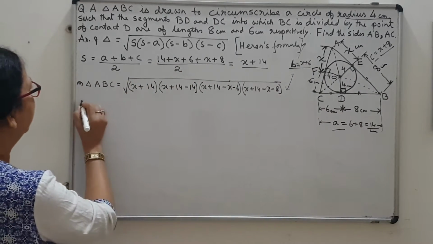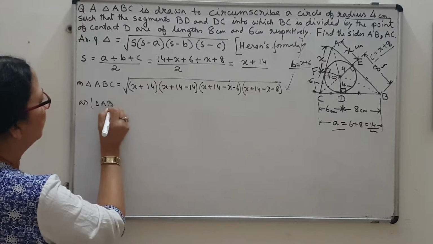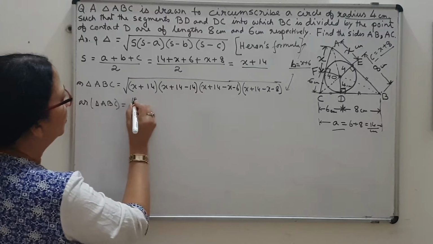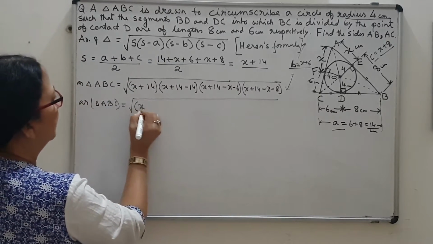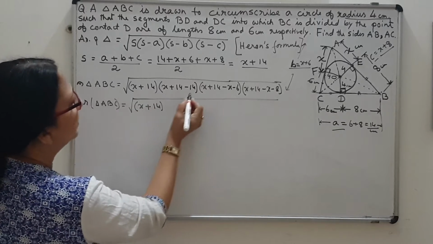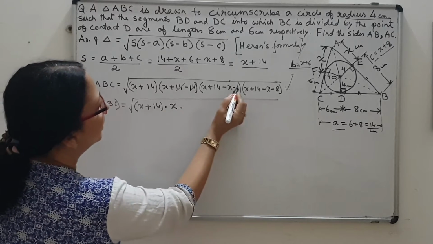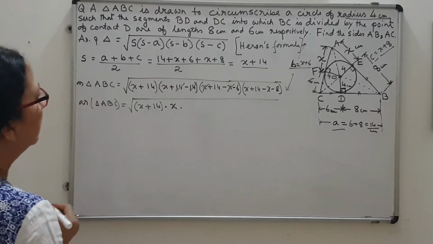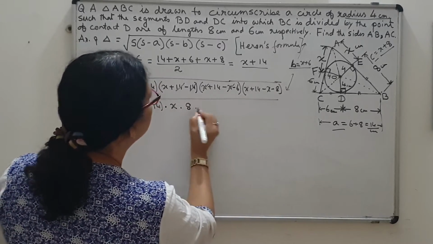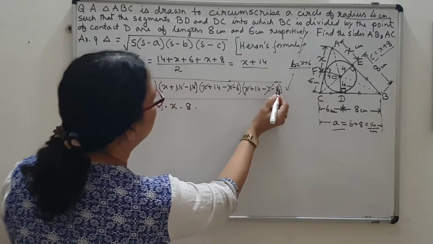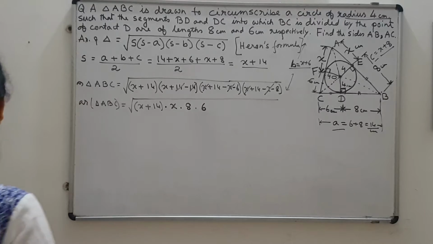Now the area of triangle ABC is the square root of x plus 14, into here 14 gets cancelled, x, into here x gets cancelled, 14 minus 6 is 8, into here also x gets cancelled, 14 minus 8 is 6. We can further simplify this.